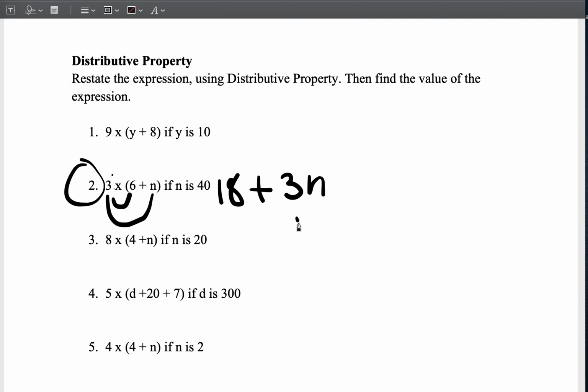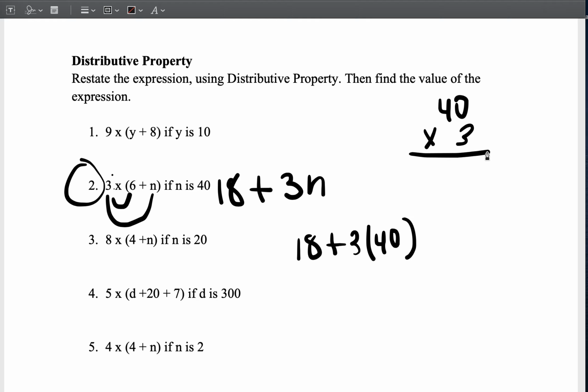So 18 plus 3 times 40. And if you do 40 times 3 on this side here, that's 3 times 0 is 0 and 4 times 3 equals 12, so 120.